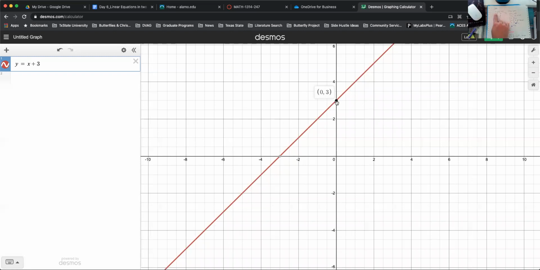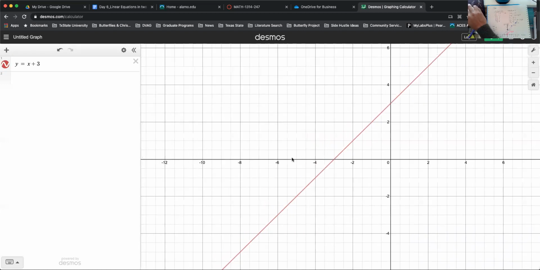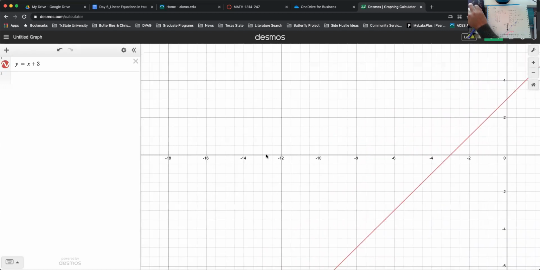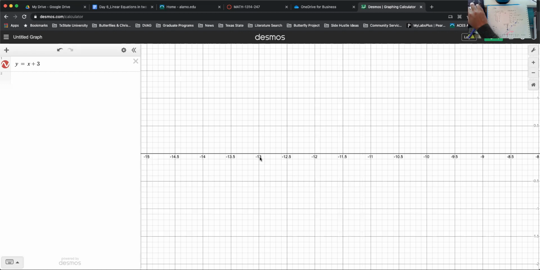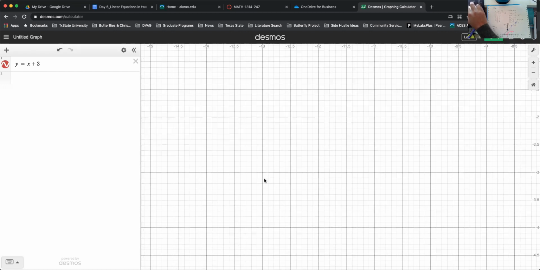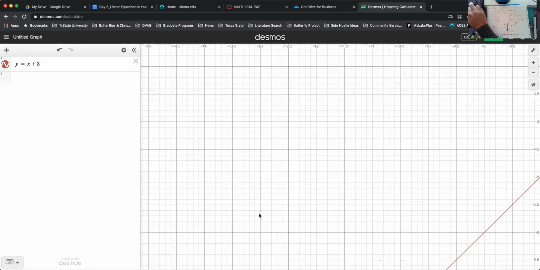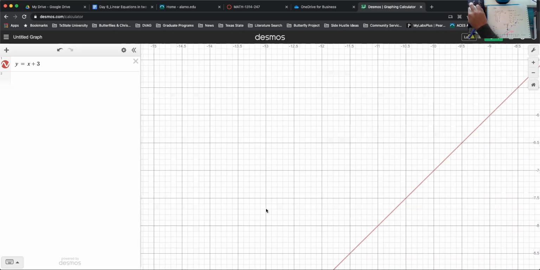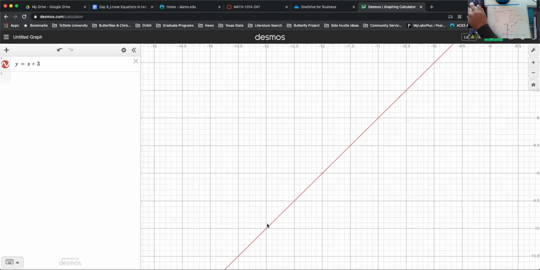I said that -13 and -10 were an ordered pair. That's a solution for this equation. So that solution should fall on the line. So if we go over to -13, which is somewhere right here, you could zoom in and then scroll down. We said -10. I should scroll down and eventually I should get to the line. So I'm going to scroll straight down on -13.